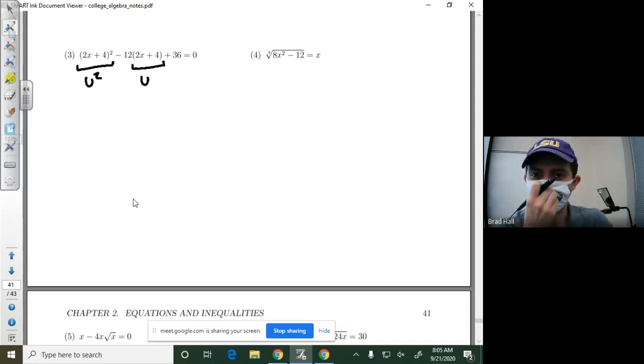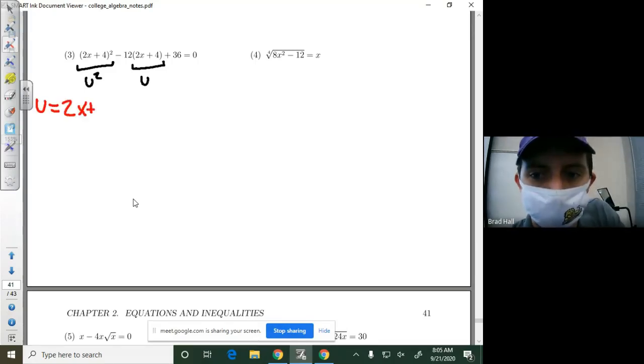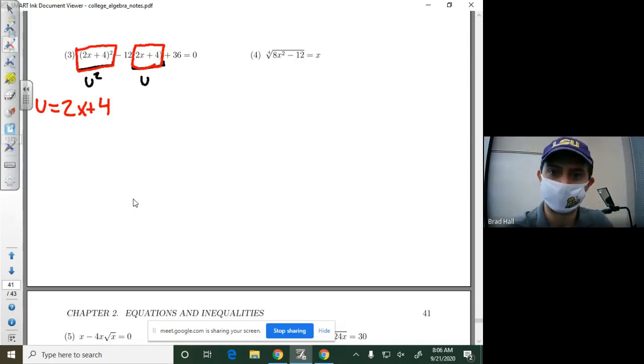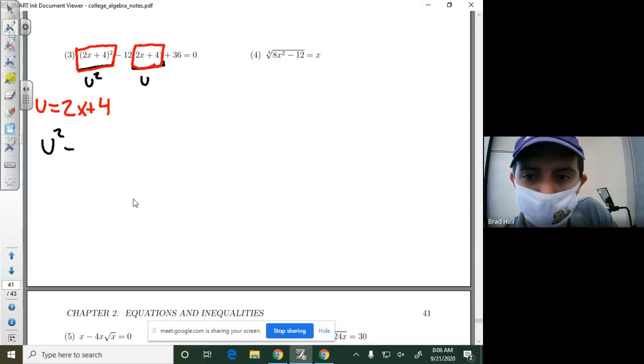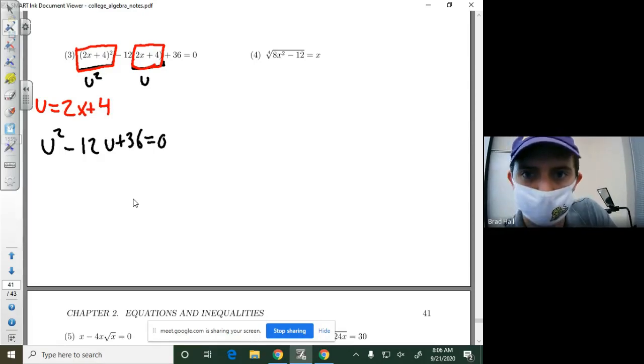The rule that we can apply is U is equal to 2x plus 4. By applying this rule, this part right here is going to be U, and this part is going to be U squared by extension. So now it's U squared minus 12U plus 36 is equal to 0.